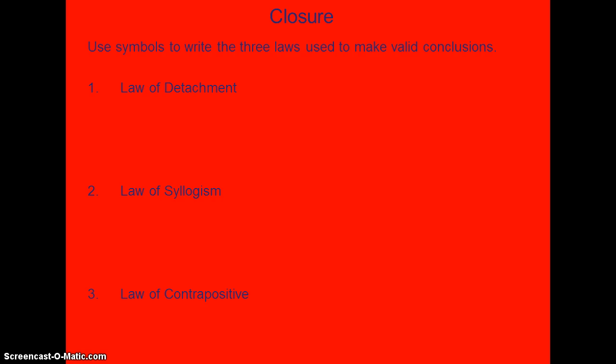Alright. For closure, use symbols to write the three laws used to make valid conclusions. You can pause this and see if you remember these and restart it. The law of detachment looks like this.